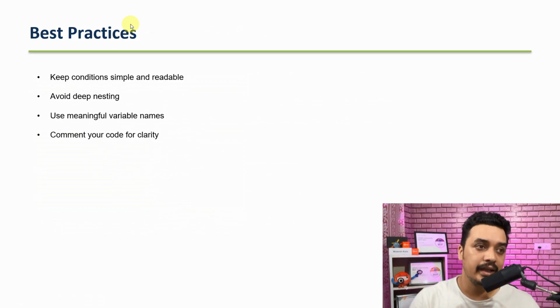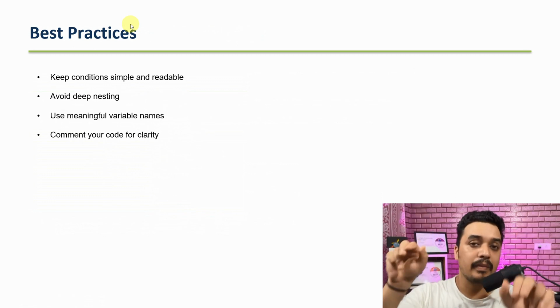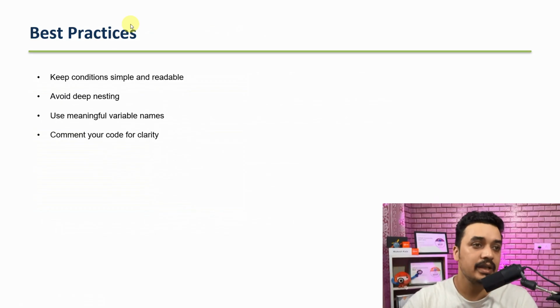Use meaningful variable names like score, age, first name, last name. Comment your code for clarity. Whenever you are writing a condition, make sure you put proper comments at the top, so that you understand why you have written this. These are some of the best practices which you should follow whenever you are writing conditional statements.